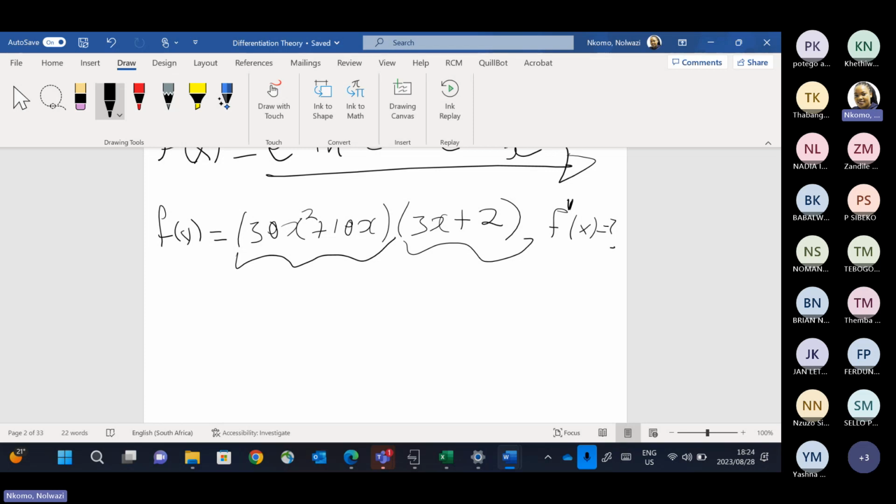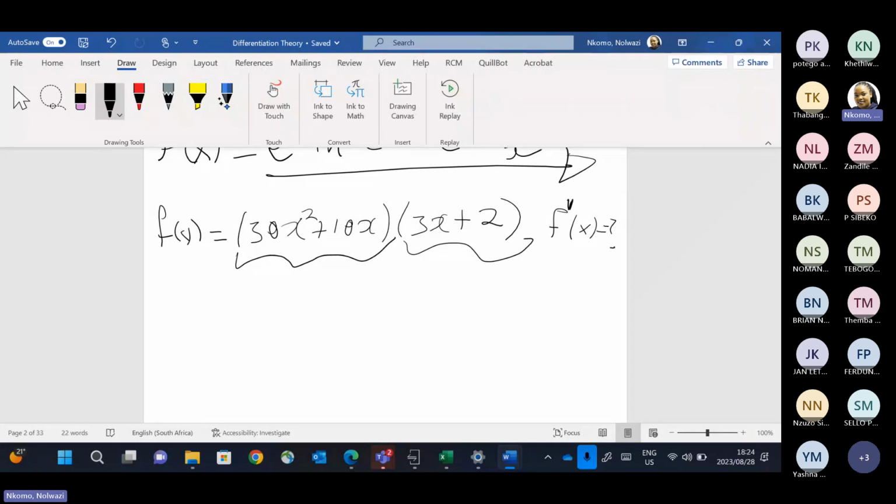Okay, if you multiply out these two brackets and then you find a polynomial, you use a power rule, you'll get the same answer as when you use a product rule, right? But to avoid making mistakes, it's better you just use a product rule, right? Okay, now suppose we are asked to use a product rule here.